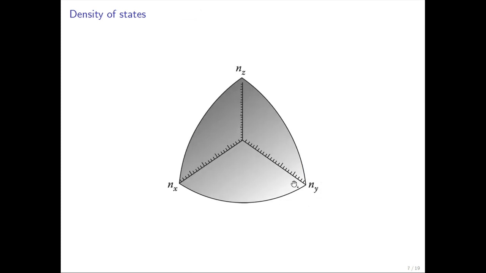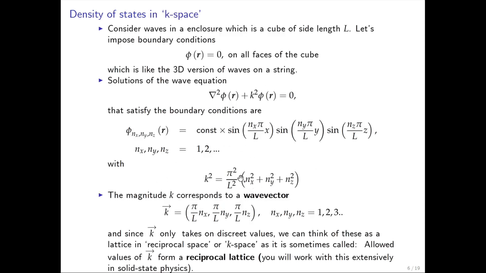So you can think of it like this. We can think of this in terms of these quantum numbers, n sub x, n sub y, and n sub z, or the k vectors, which are just proportional to that, of course. K vectors are just pi over L times that.